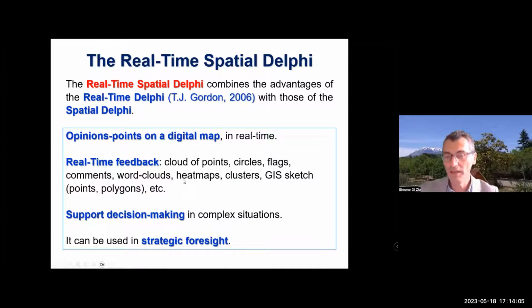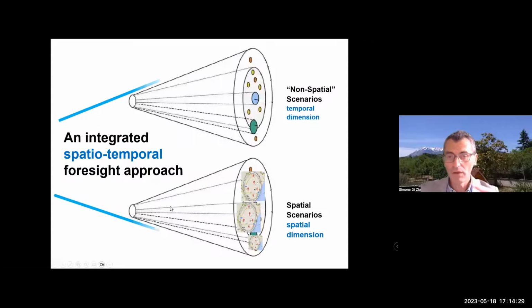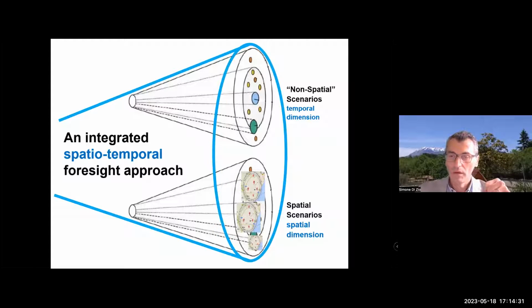Also, we have heat maps, clusters, and recently, Yuri added another type of feedback, that is the geographical sketch. In other words, as we will see later, experts can also give points and polygons on the map, describing some particular aspects.